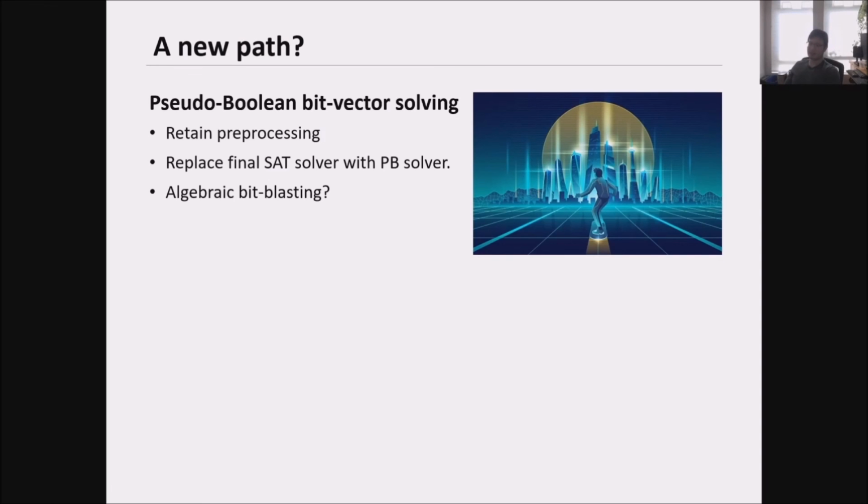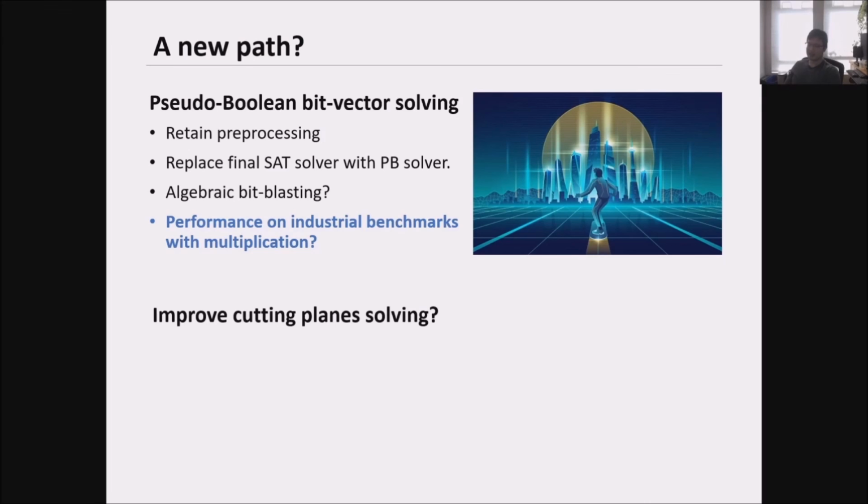So this seems feasible to implement, but the question really is, how will such a pseudo-Boolean bit vector solver perform on real-life industrial benchmarks that contain multiplication? At the least, we can say that it seems likely that in order for this approach to really work in practice, we're going to need to improve cutting plane solving in general.